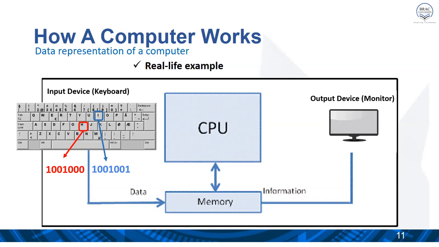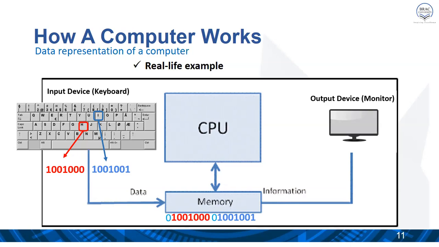The codes are immediately stored in the memory of the computer, and the CPU of the computer reads the input data from the memory and then sends the data to the output device, which is the monitor.